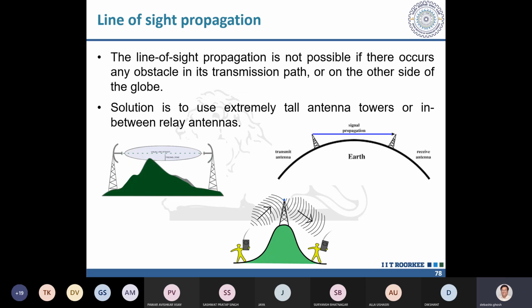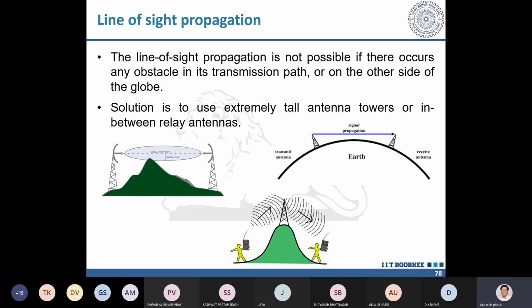Obviously now the problem comes that if there is some obstacle in between, like some hill. Say I have a radio station in Roorkee, and on the other side of the hill, somewhere in the upper places, say Pauri.